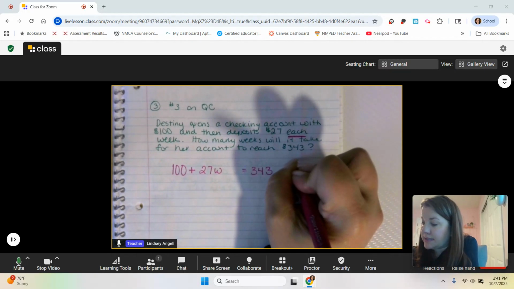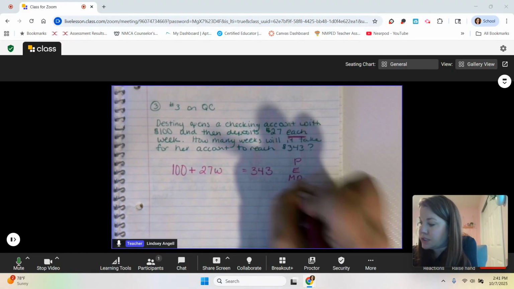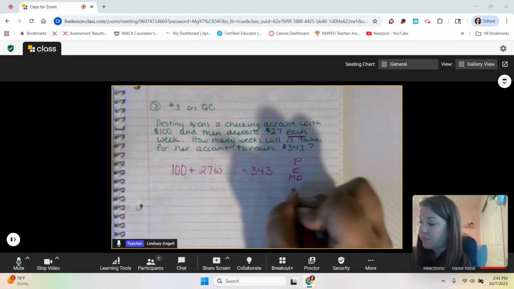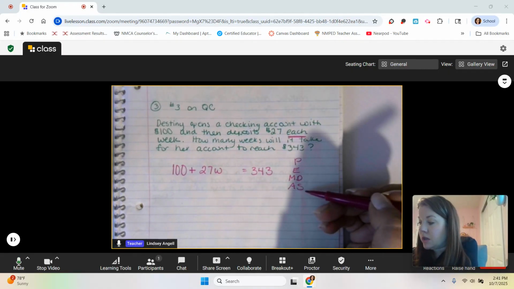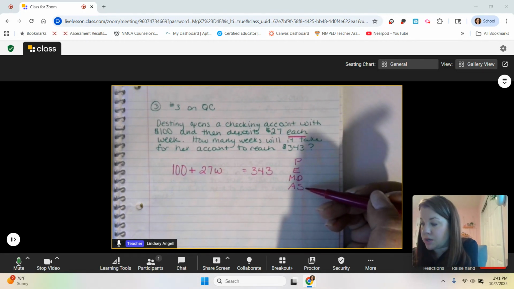Well, again, considering PEMDAS, we've got parentheses, exponents, multiplication and division in the order that we see them, and addition and subtraction. Being that we're trying to get our variable by itself, we're going to work backwards. So first we need to get rid of our addition or subtraction.